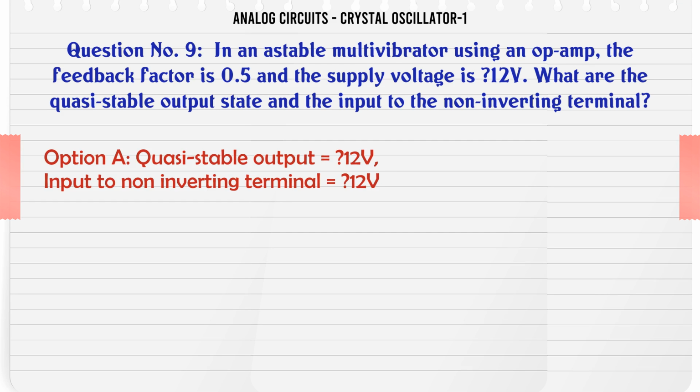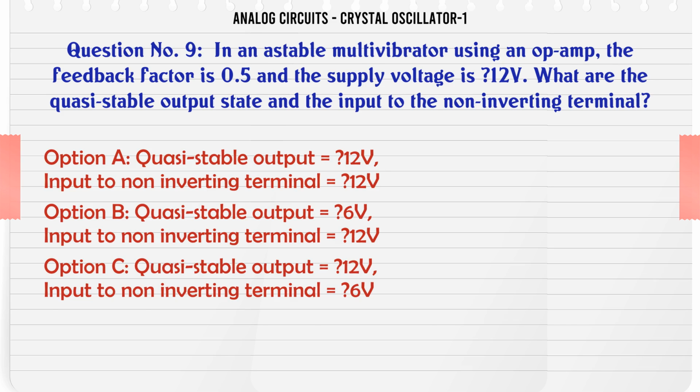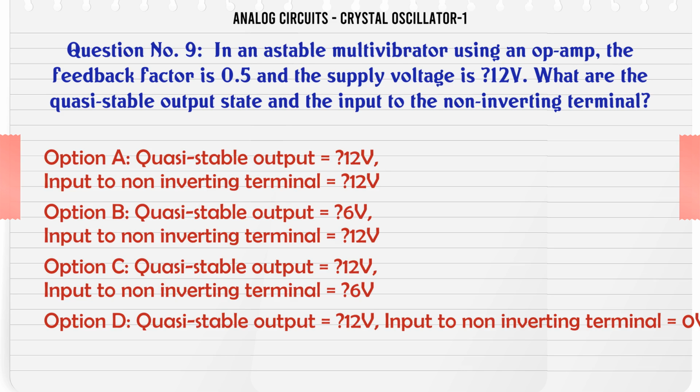In an astable multivibrator using an op-amp, the feedback factor is 0.5 and the supply voltage is 12 V. What are the quasi-stable output state and the input to the non-inverting terminal?